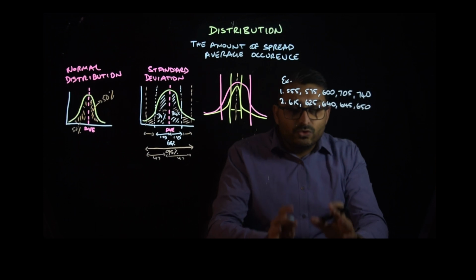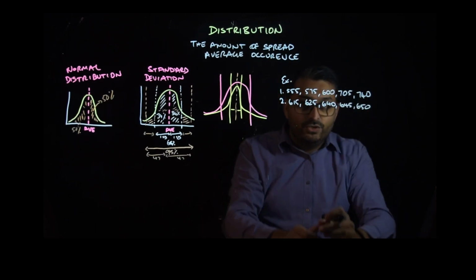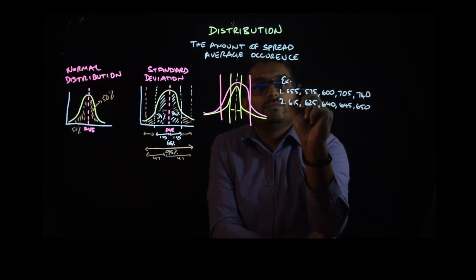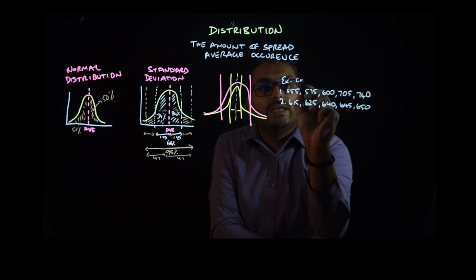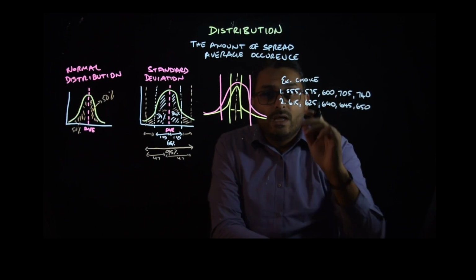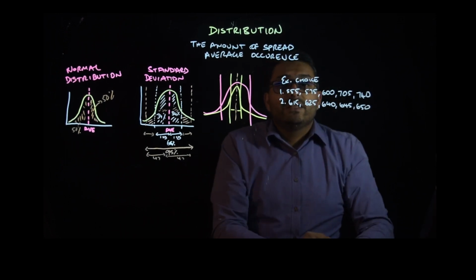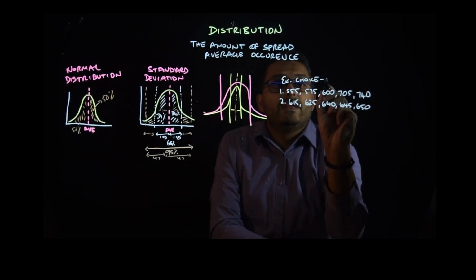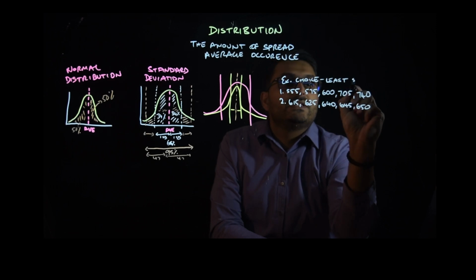Now I want to choose between the two sets of data, so I want to make a choice, and I want to go with the set that will give me the least surprises.